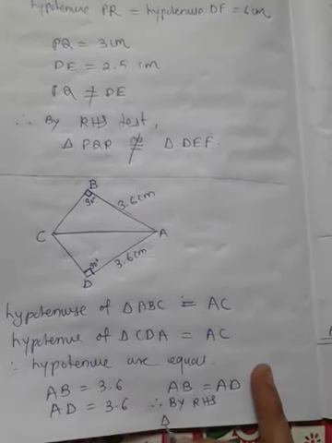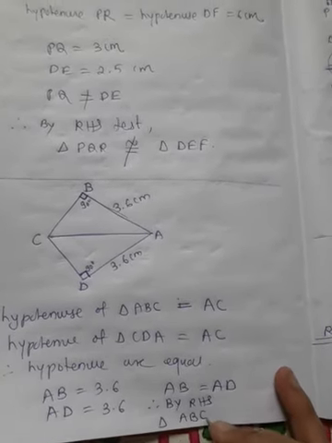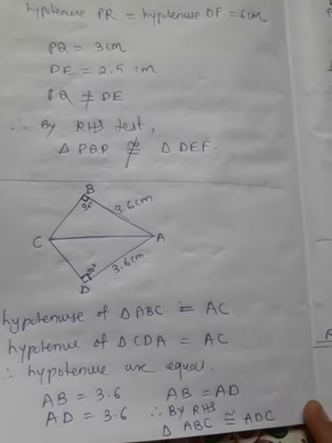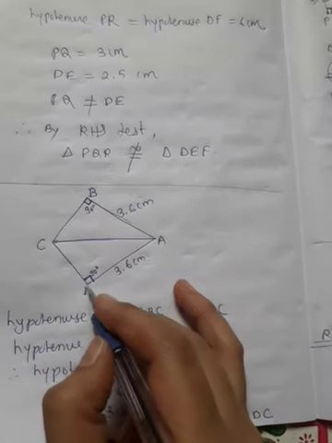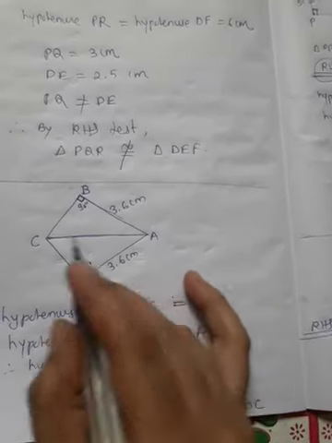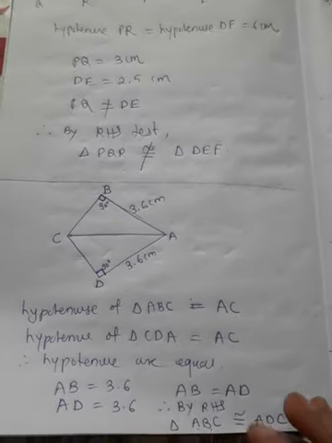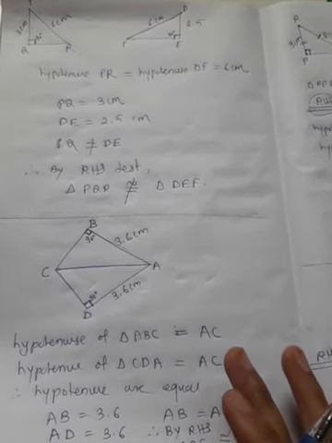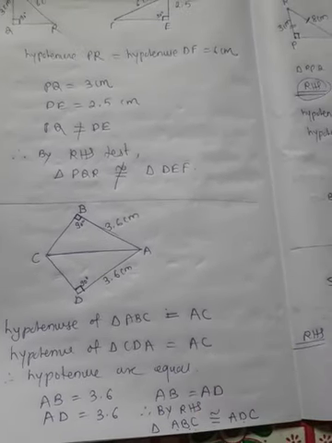So here right angle triangle ABC is congruent to right angle triangle ADC. Okay, because see here B corresponds to D, A corresponds to A, and C corresponds to C. So here triangle ABC is congruent to triangle ADC. So by using all these criteria you can check whether given two triangles and given two right angle triangles are congruent or not. Okay, thank you.